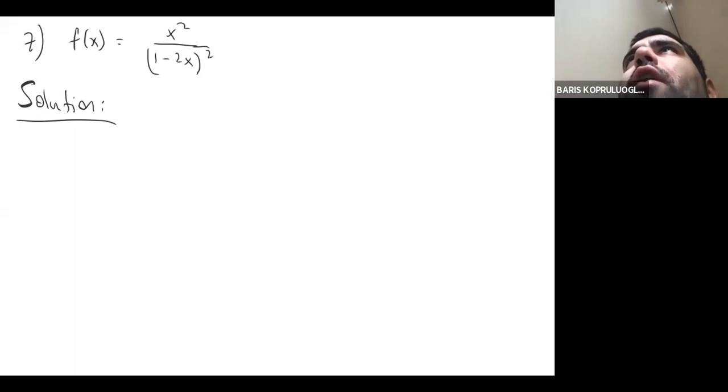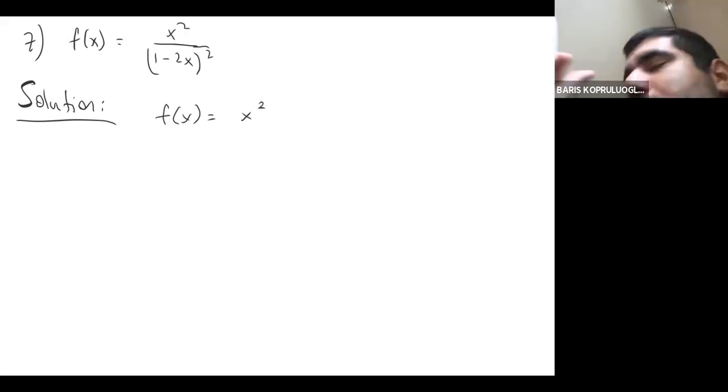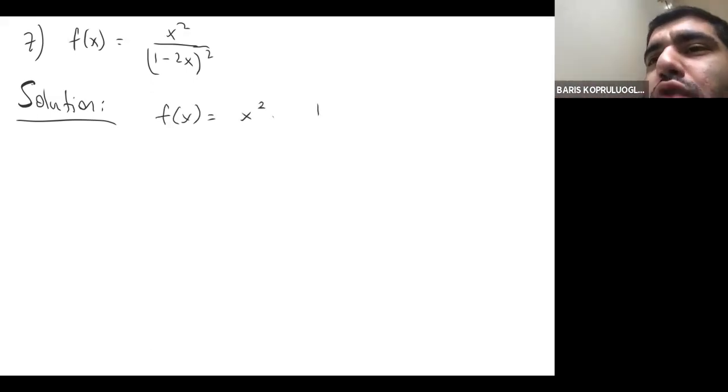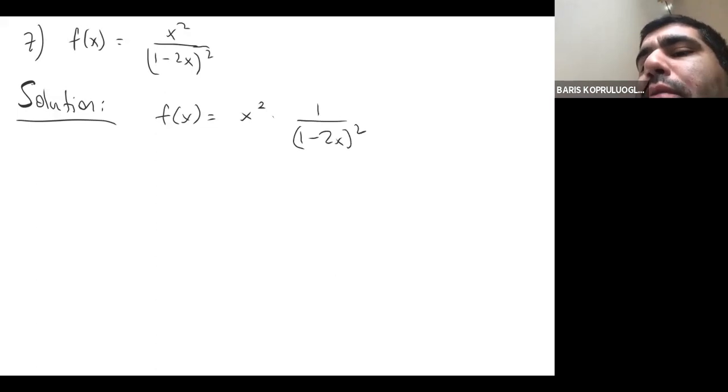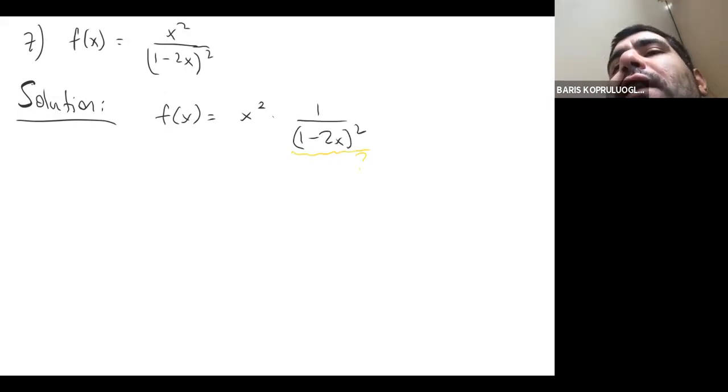First, you need to find the power series of 1 over 1 minus 2x squared. First of all, let's separate this fraction as x squared times 1 over 1 minus 2x squared. Okay. The key point is finding this guy. What is the power series representation of that? Once we find that, we'll just multiply it by x squared and then we'll get the right answer.